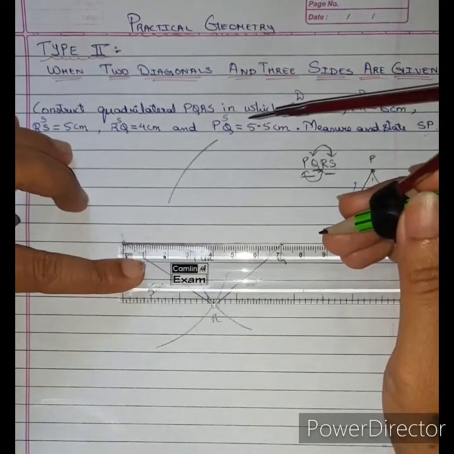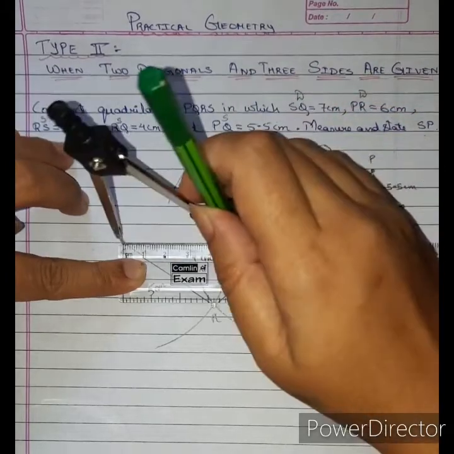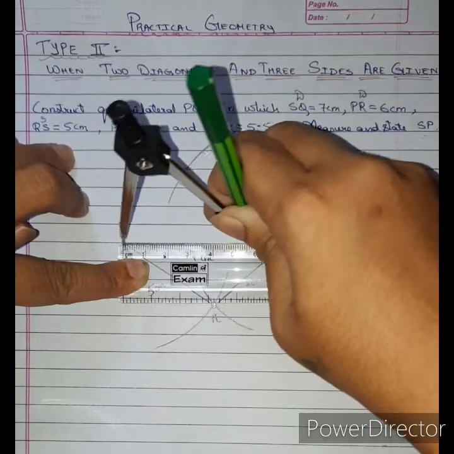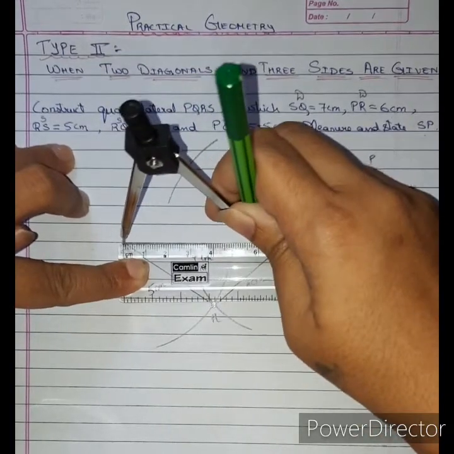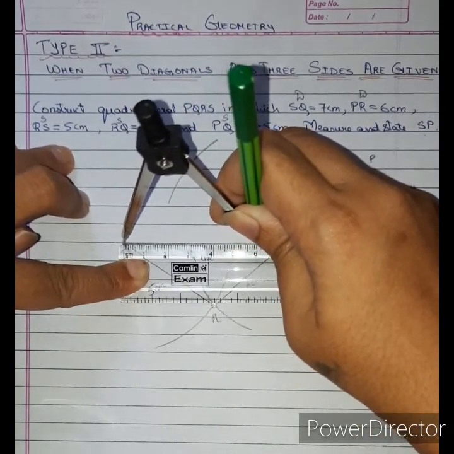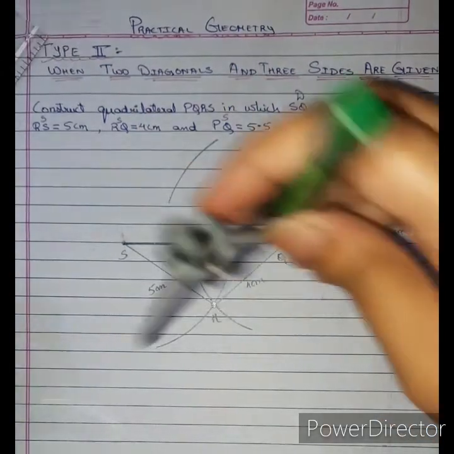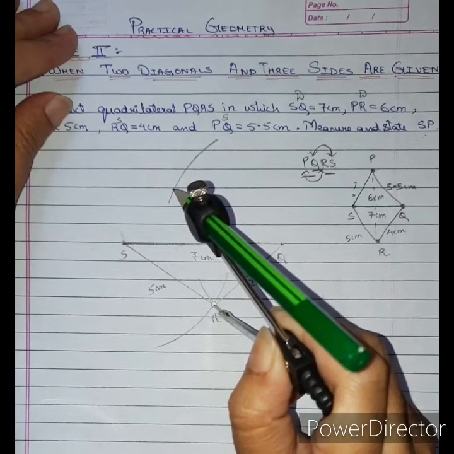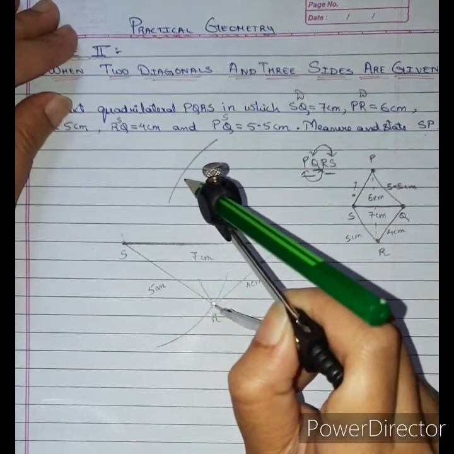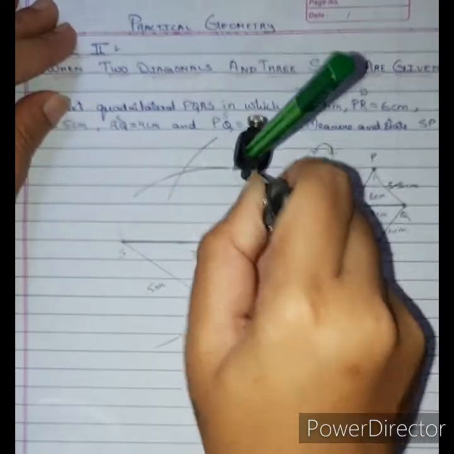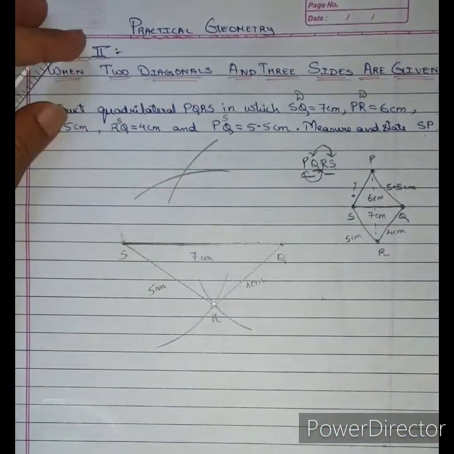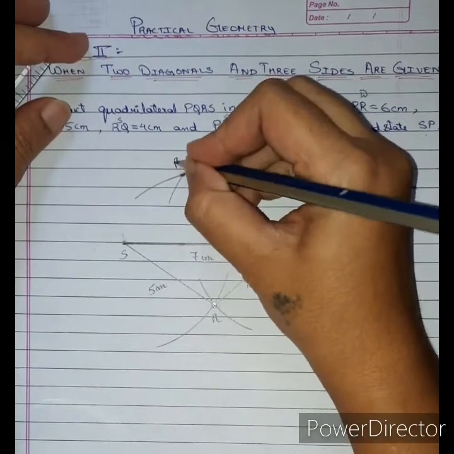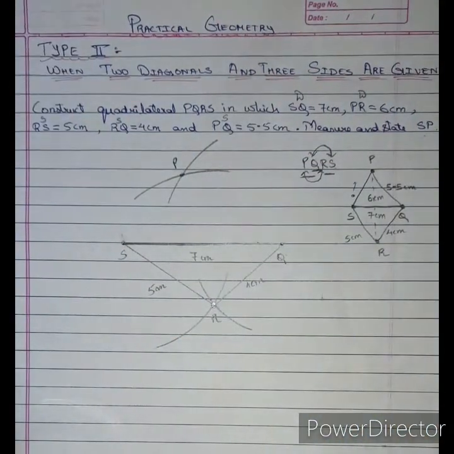Take the measurement of 6 centimeter and cut the arc here. So now I have my point P. Now I can draw the line.